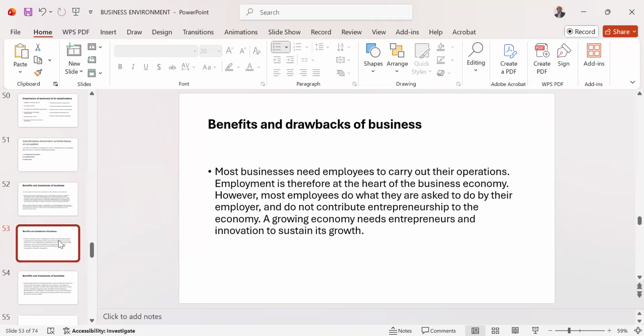So employees are needed in a company. Although they really have impact in contributing to either the strategic aspect of the business or maybe the entrepreneurship.